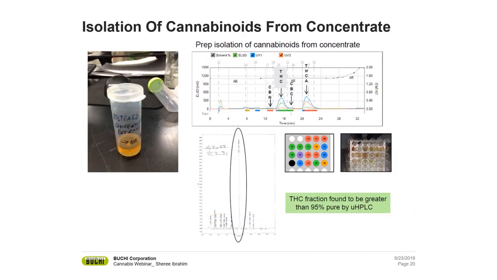This is another experiment that we did, which is isolation of cannabinoids from concentrate. You see the product here is high in THC and THCA, along with other undesired components. We performed the separation to successfully separate the THC fraction and obtained a purity of greater than 95% by HPLC.